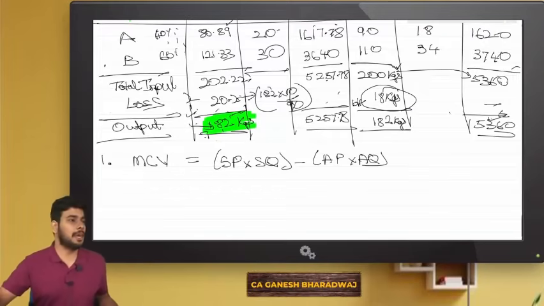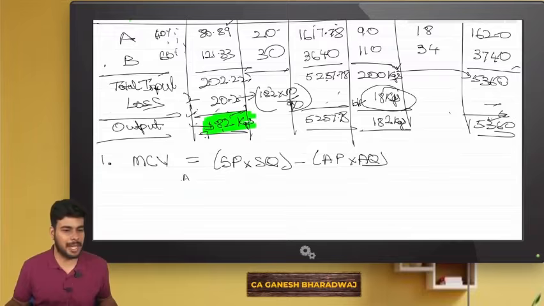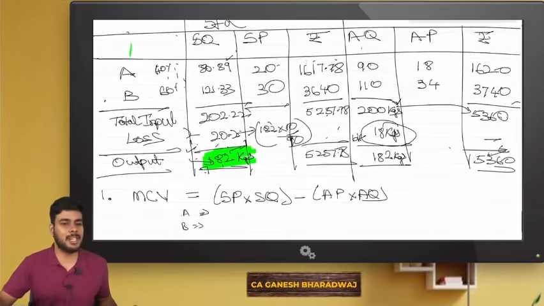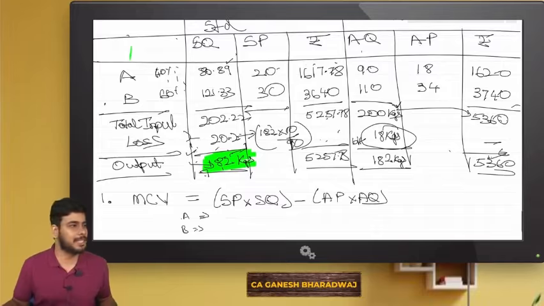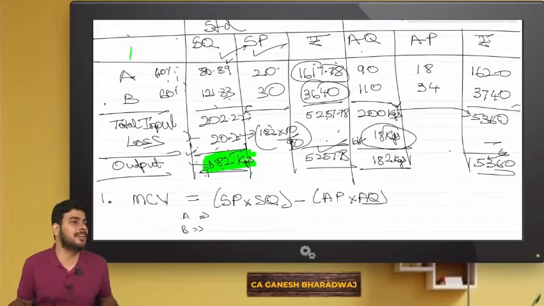Fine. Now, what you need to do is compute separately for A and separately for B. But actually we ourselves have done it already, no? Standard quantity into standard price of A is so much, for B is so much, and we have added the total. Correct or not?